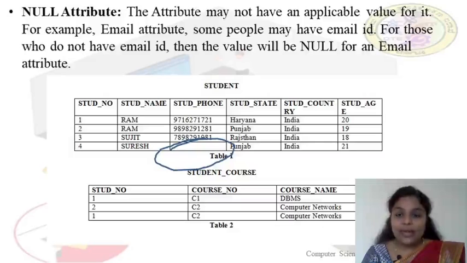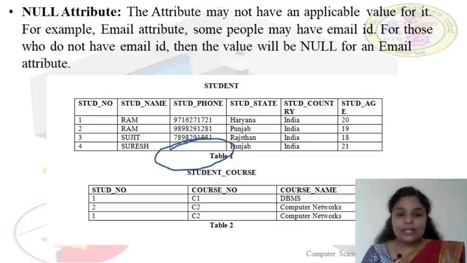So not applicable value means Suresh doesn't have any value to be filled in that field. That is why the word is applicable value. For example, the email attribute.